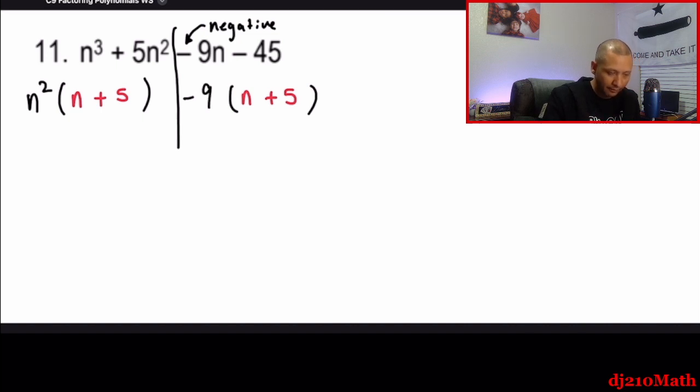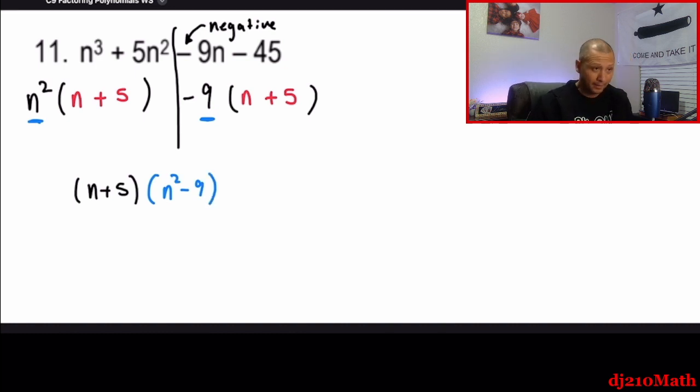And we check ourselves. Negative 9 times n, negative 9n. Negative 9 times 5 is negative 45. Okay. So n plus 5, and the leftover pieces, n squared minus 9. Can n squared minus 9 be factored further?